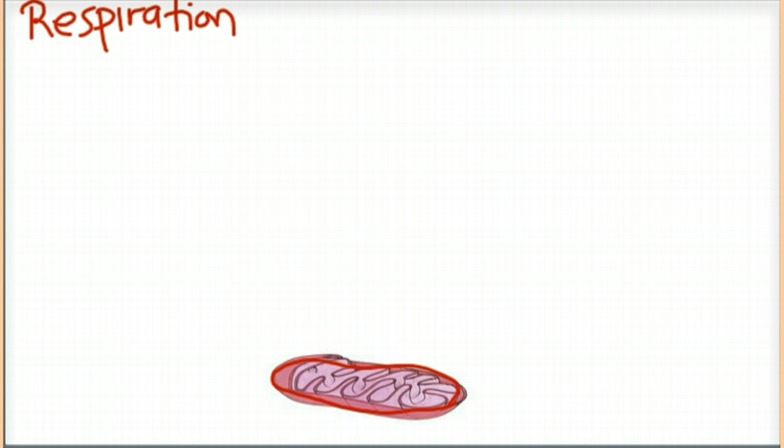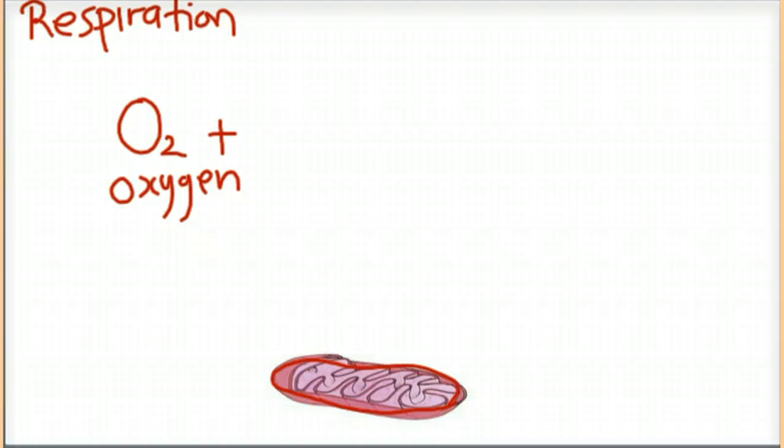So in this mitochondria, we have oxygen, which is O2. Now I'll just write the name. Oxygen, and we'll use a plus sign to say that it combines. So oxygen combines with something else that we take in, and that is food. We as living organisms take in food and we combine it with oxygen.